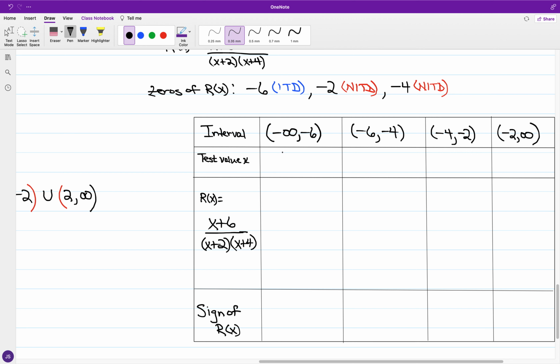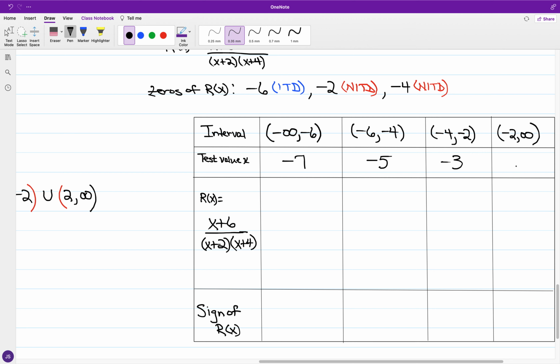For the tested values, I can supply anything less than negative 6, I'll just go with negative 7. Between negative 6 and negative 4, if I select an integer, I'm limited to just negative 5. Likewise, for the third interval section, I'm limited to only negative 3.